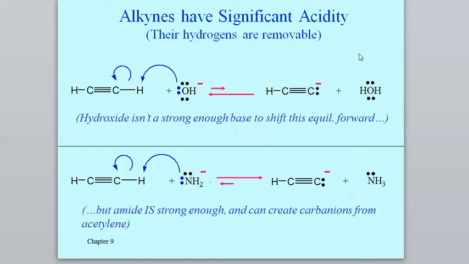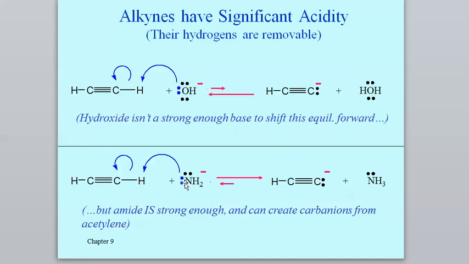So we can make these if we use a strong enough base, and we'll see in this chapter this NH2 called amide. It's related to ammonia, but with a negative charge it becomes amide, and it is something that's fairly cheap and easy to come by, and it's very good at removing the hydrogen from acetylene compounds. And you can see that's what's being shown here. If this hydrogen were attached to a carbon that had a double bond or a single bond, this would not happen.